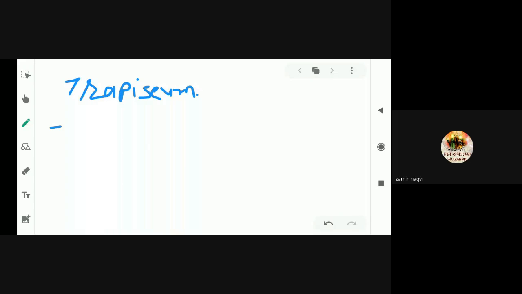Now we have to prove trapezium. Okay, and we have to prove square as a trapezium. We have to write down only one argument. In a square, only one pair of opposite sides are parallel.